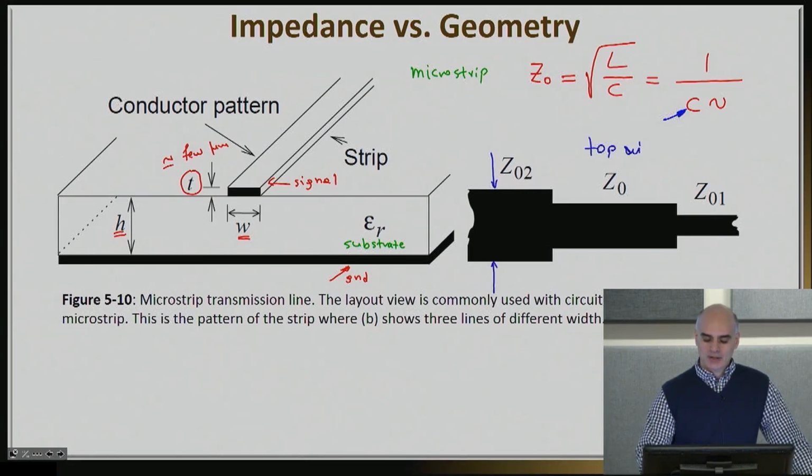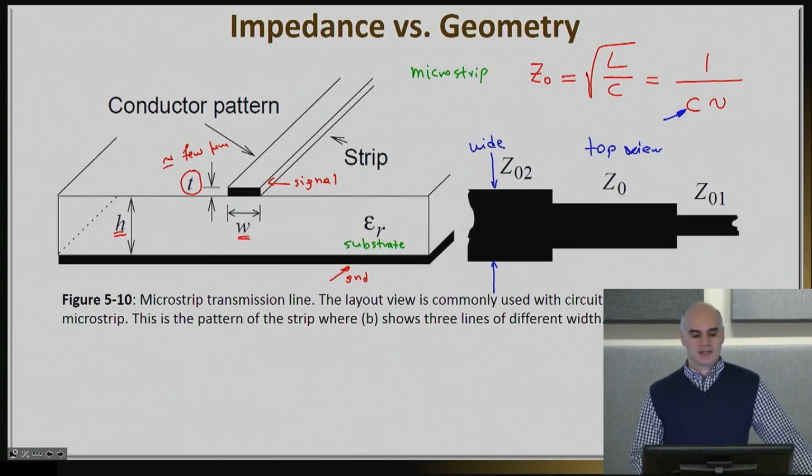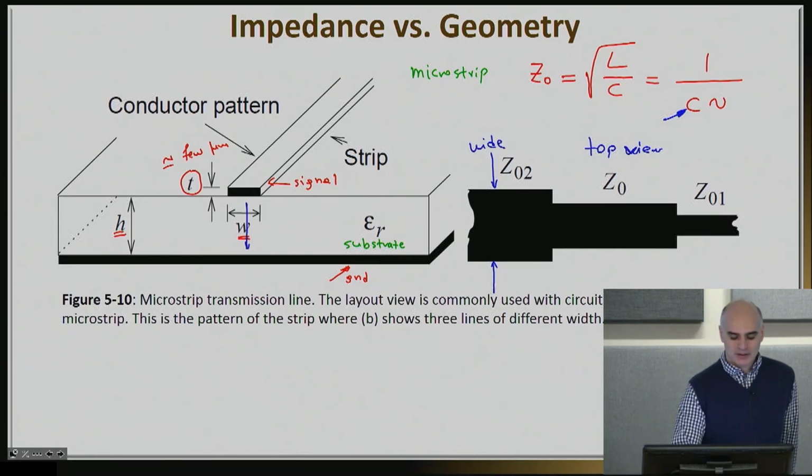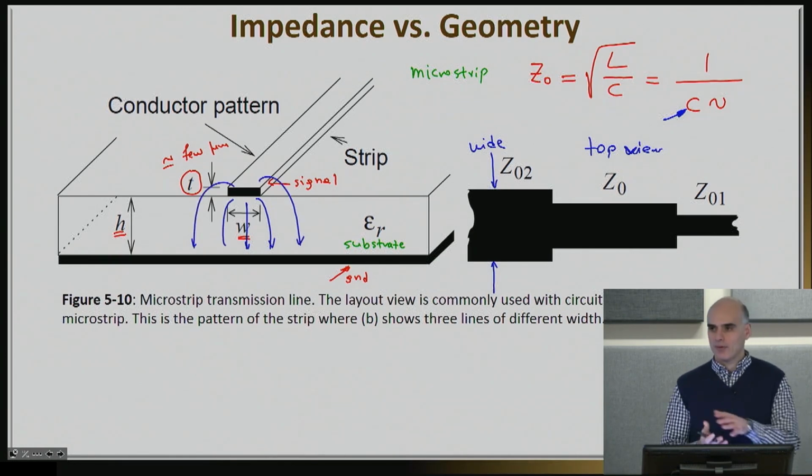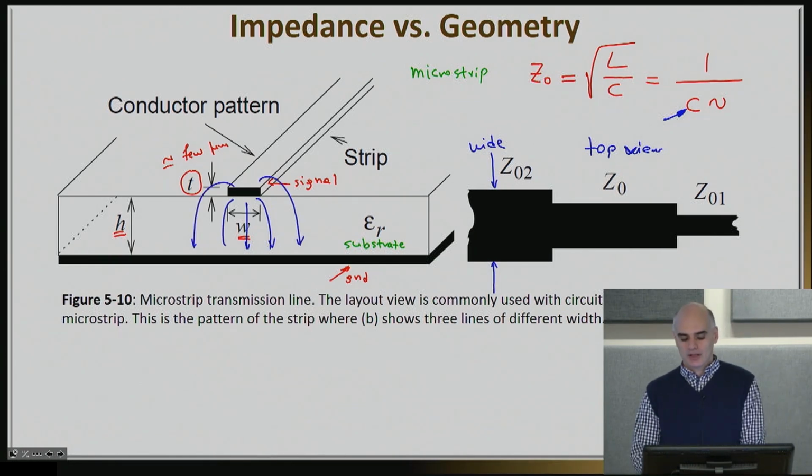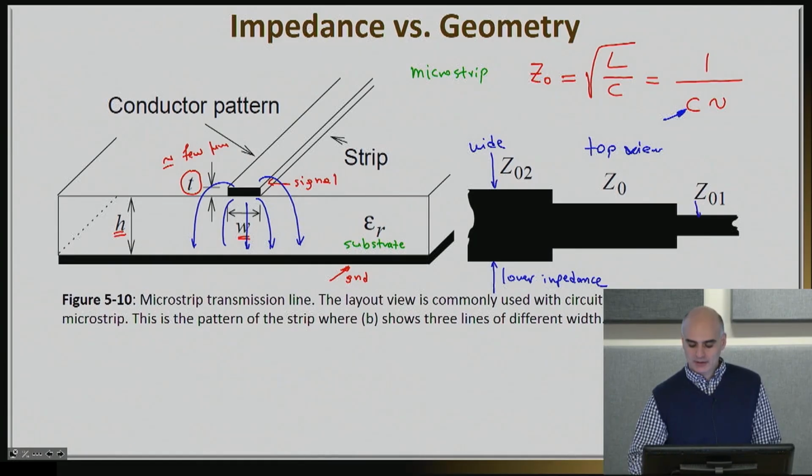So if I can actually design this to be a fairly wide line, as you can imagine, I'm making the capacitance per unit length quite large, because that means that I have a higher overlap between the signal strip and the ground. And that means that this guy here will be a lower impedance than, for example, this guy here, which will be a higher impedance.